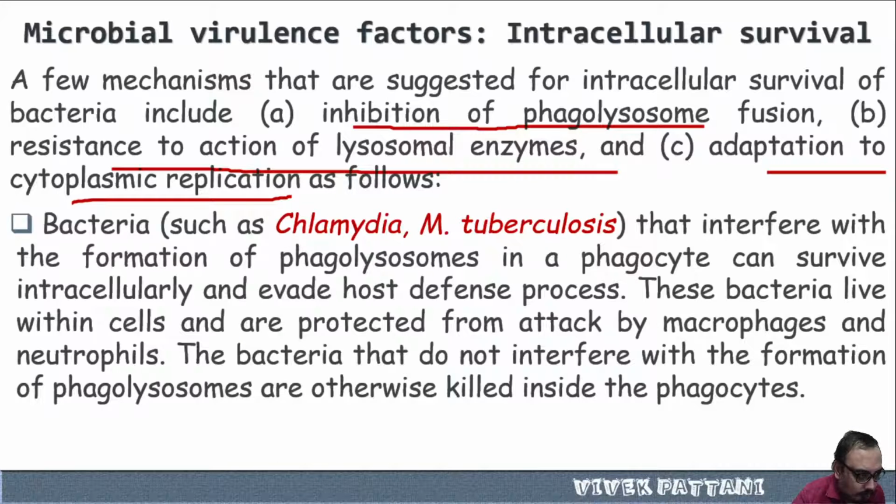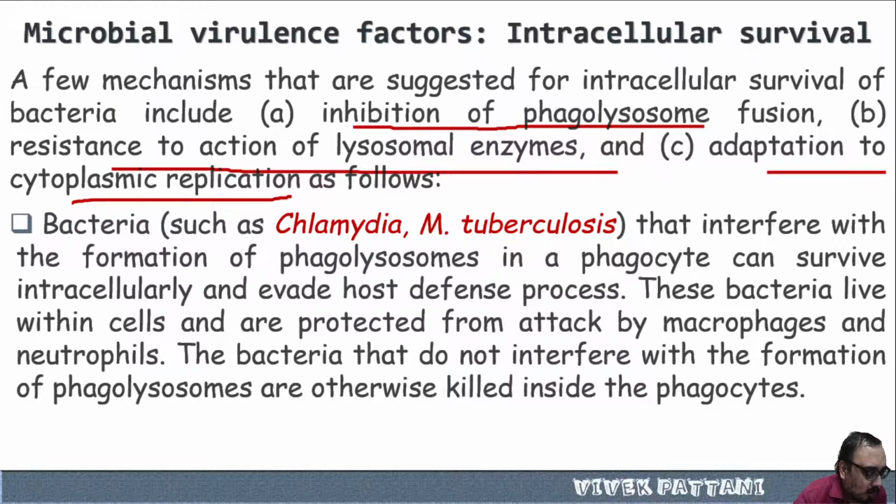Bacteria such as Chlamydia and Mycobacterium tuberculosis interfere with the formation of phagolysosomes in phagocytes and can survive intracellularly.